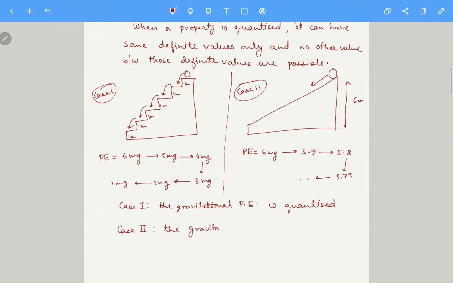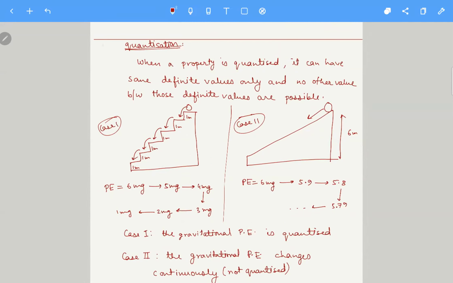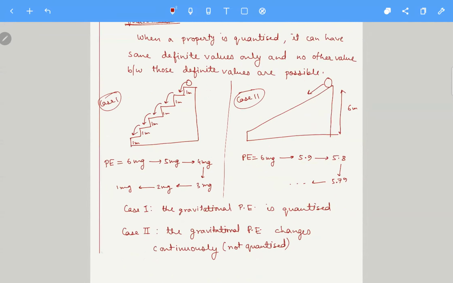Case 2: the gravitational potential energy changes continuously and is not quantized. Note it down. This is what we mean by quantization.